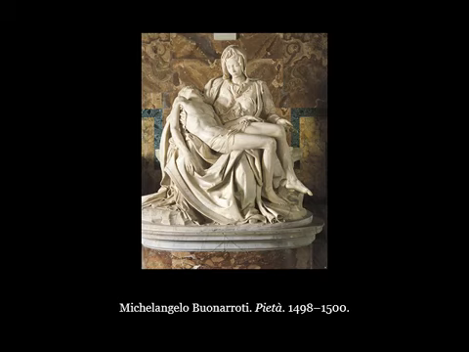So proportion and composition, and how proportion works within composition. A change in proportion can make a difference in the viewer's experience of a subject or of a work of art. So we're going to look at two pietà scenes. Pietà is the Italian word for pity.